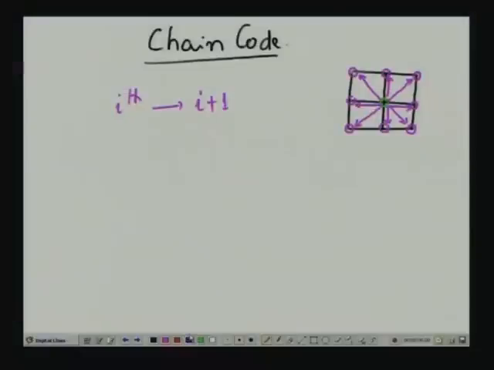So, if I represent these moves by numbers, move in the right direction is represented by 0, move in the top right direction by 1, move in the vertically upward direction by 2, move in the top left direction by 3, move in the left direction by 4, move in the left bottom direction by 5, move in the downward direction by 6, and move in the right bottom direction by 7.